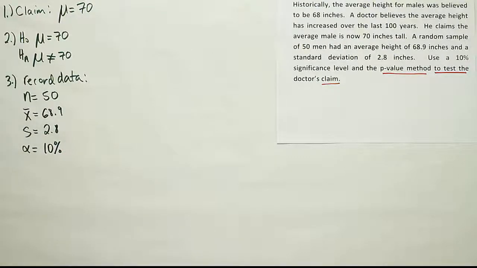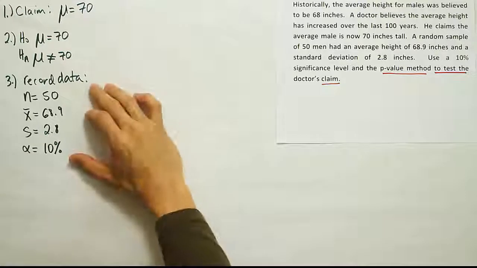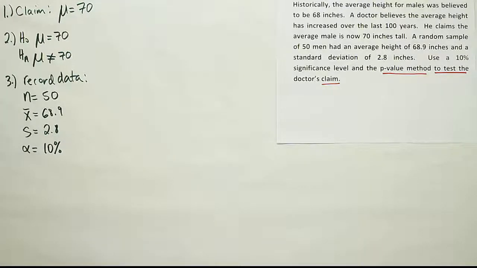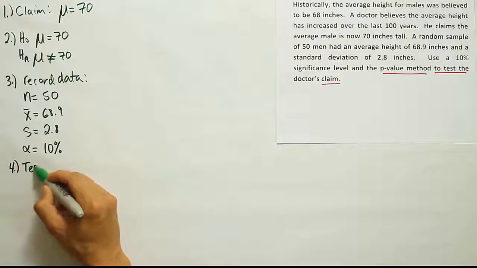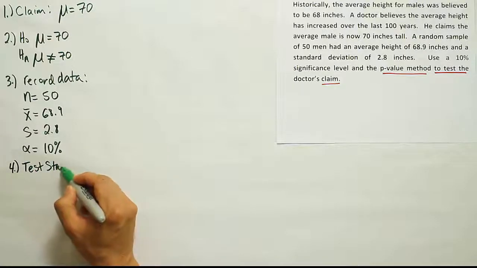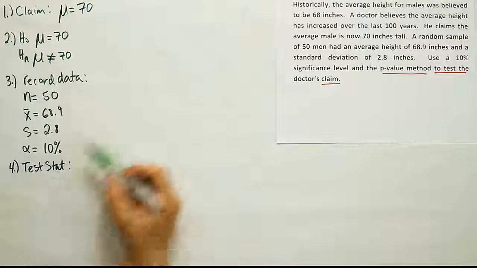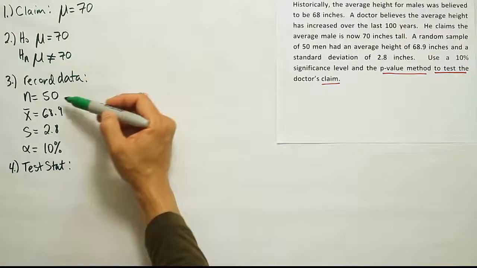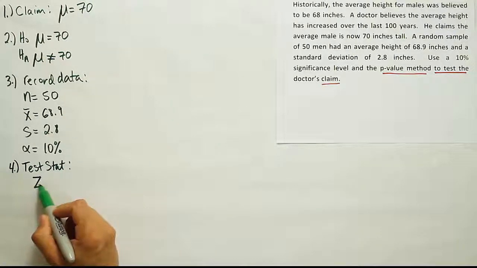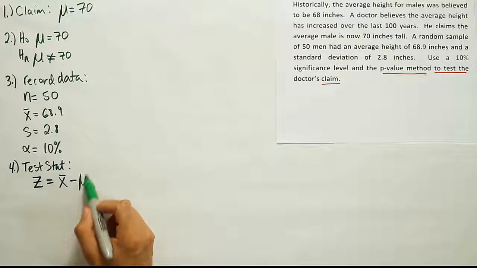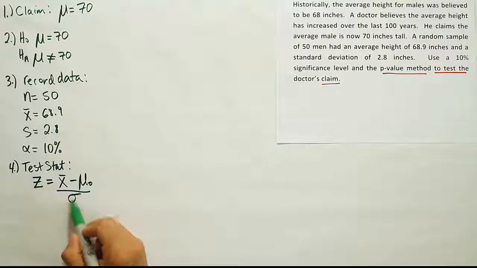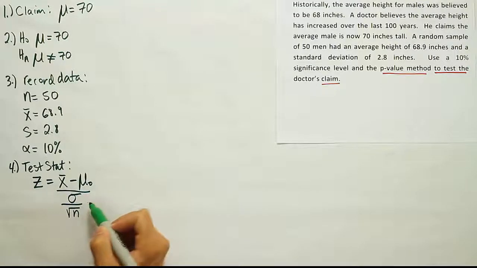Okay, once we have the data, we plug it into our test stat formula. So step 4 is to get the test stat. If it's a hypothesis test about the mean and the sample size is large, we will use the formula z is equal to x bar minus mu sub 0 divided by sigma over the square root of n.